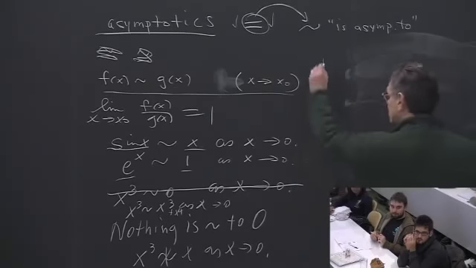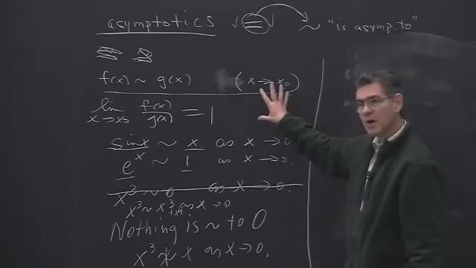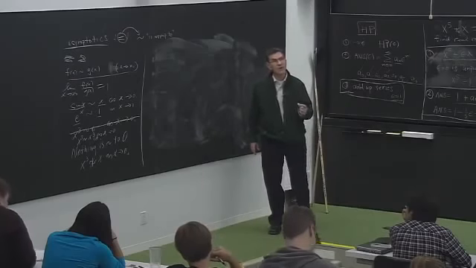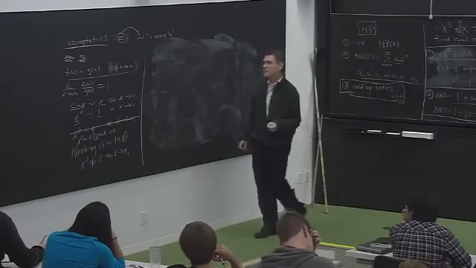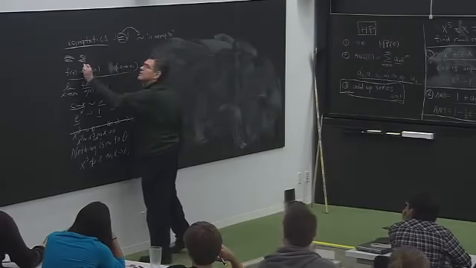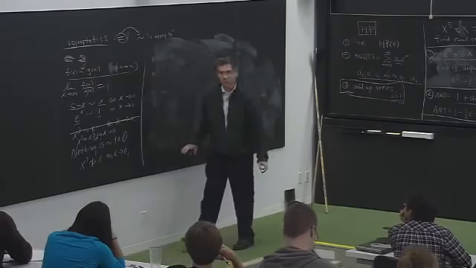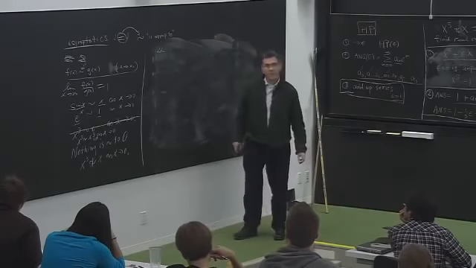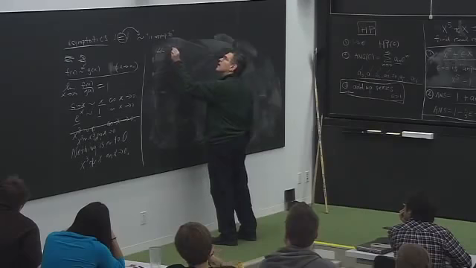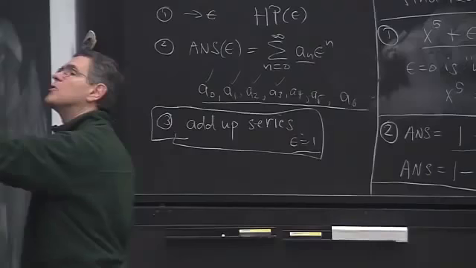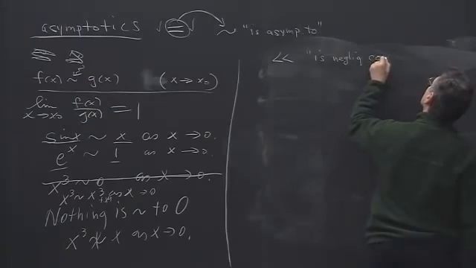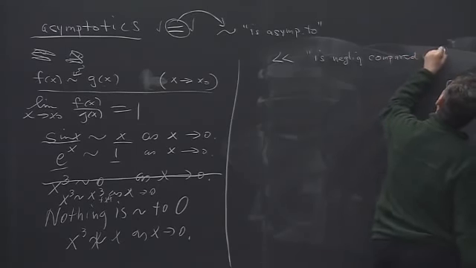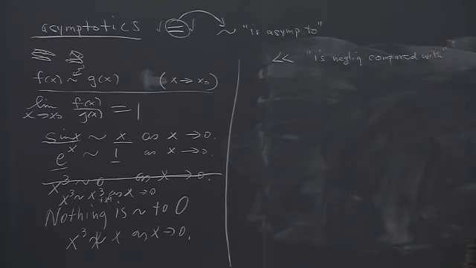Okay, so this is a quick definition of the asymptotic symbol, and there are 2 different asymptotic symbols we're going to use in class. One of them is this symbol here, but there's another symbol that's also very useful, and that's this symbol. Okay, and this symbol is read is negligible compared with.